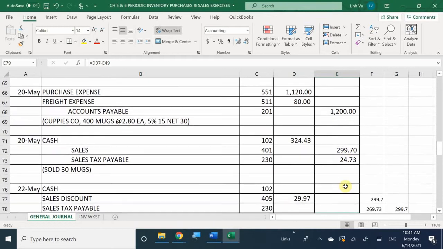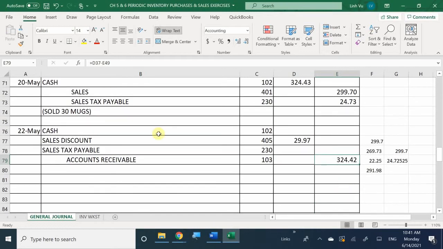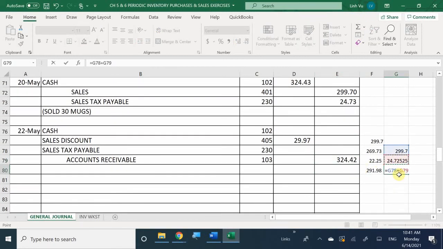If we originally sold a total of 30 mugs, we haven't pulled the 10% that he gets since he's paying it off in the time frame that we give him to offer the 10% discount. And all he owes after his refund is 324.42, then we should be taking 10% off of the 324.42 because it hasn't been applied yet. But that right there includes tax.